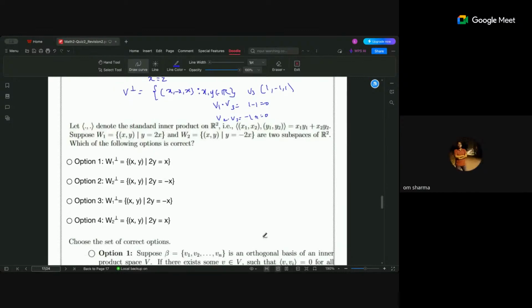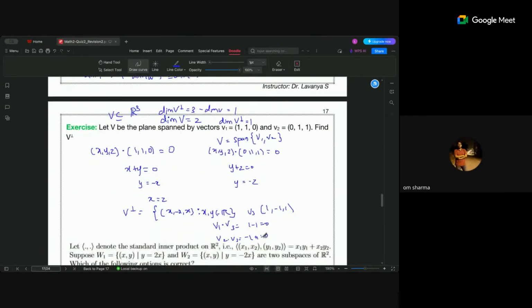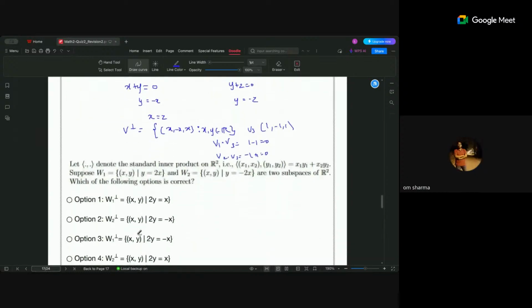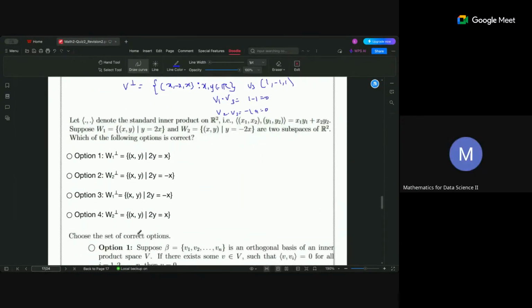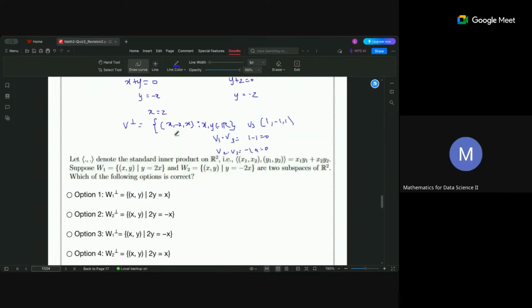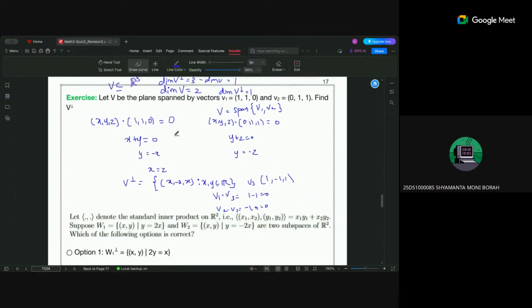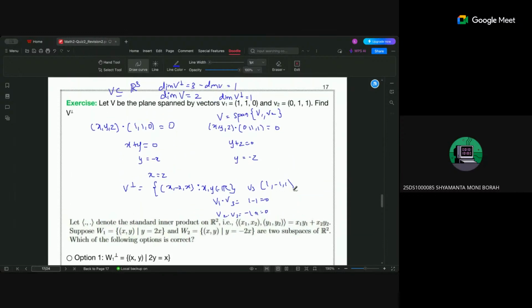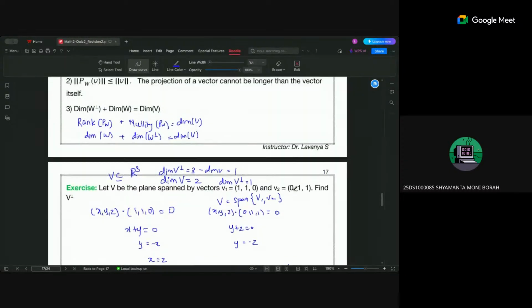Ma'am, does the dimension of V perp depend on the dimension we get? Yes, suppose V has dimension 1, then V perp will have dimension 2. So in the above question, if we had only one vector V1, the dimension of V perp would have been 2, right? Exactly.